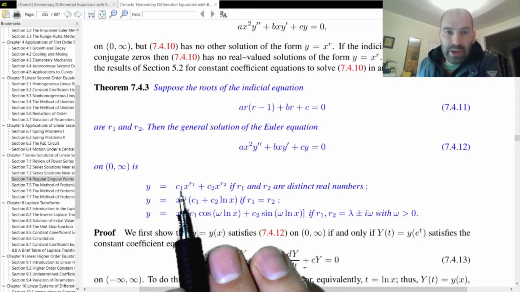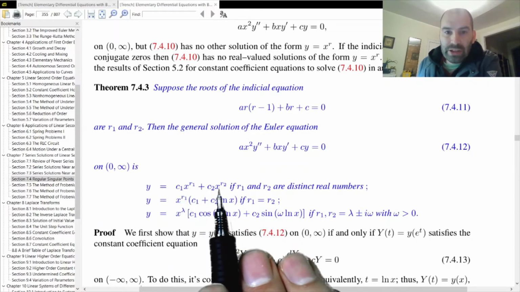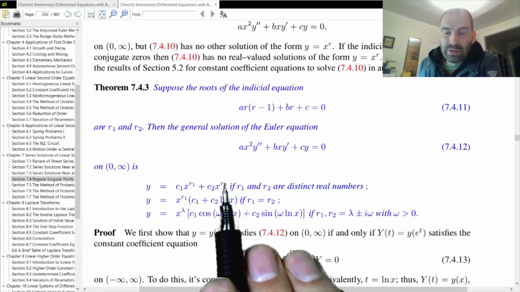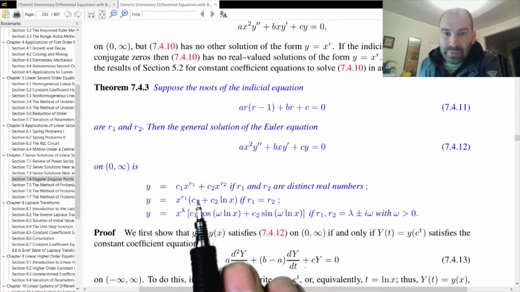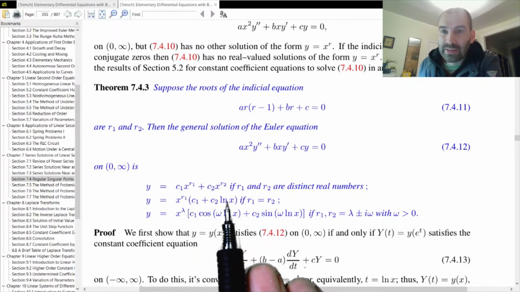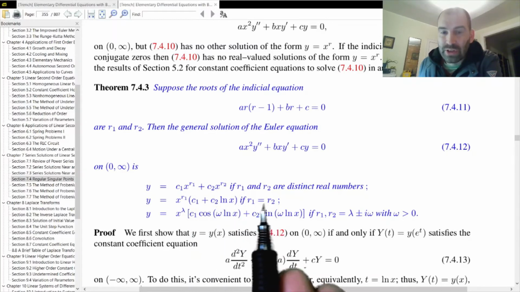It's either going to be a linear combination of x to the powers corresponding to the two roots, or it's going to be x to the repeated root power times this term, c1 plus c2 log x. That's what happens if the two roots are the same. We have a repeated real root.